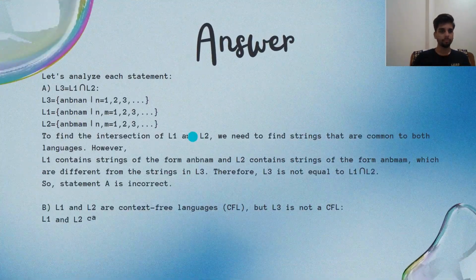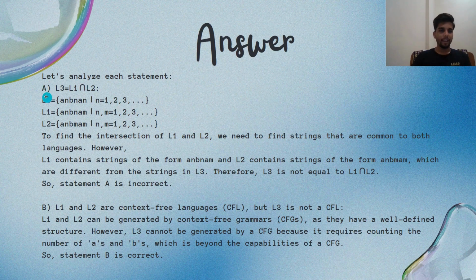Let's see what we have. Option A says L3 is an intersection of L1 and L2. To find the intersection of L1 and L2, we need to find strings that are common to both languages.